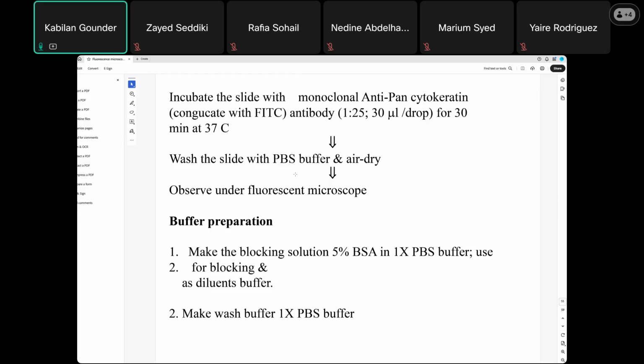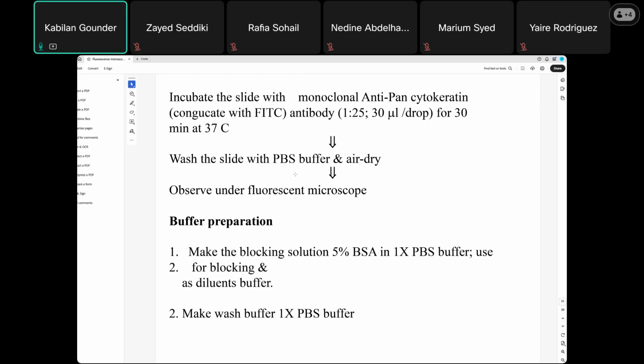We know the antibody concentration that works, so we use this concentration and incubate the slides with the heat-fixed buccal epithelial cells for a minimum of 2 hours, and then again wash it.